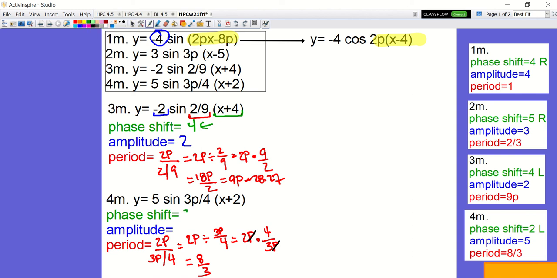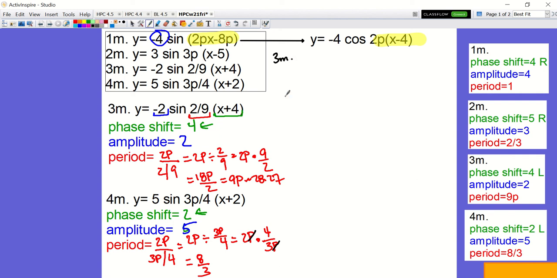This is going to be 2 left. Amplitude is going to be 5. Let's go ahead and graph number 3m. I am going to do it right here.